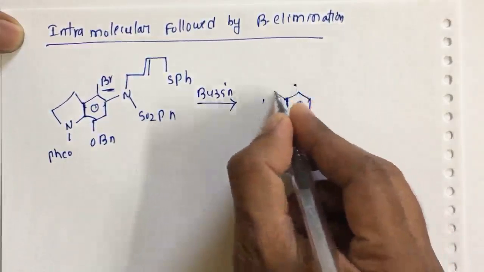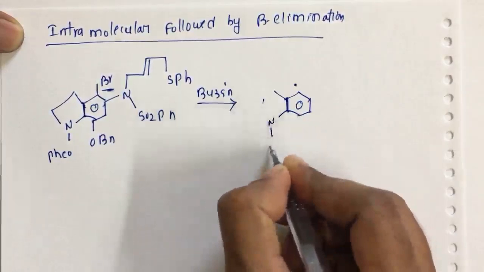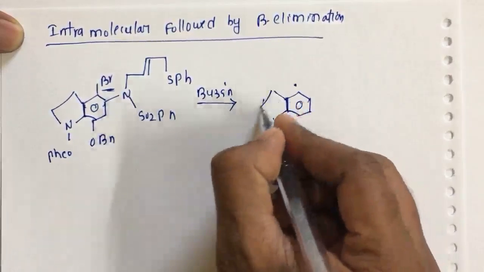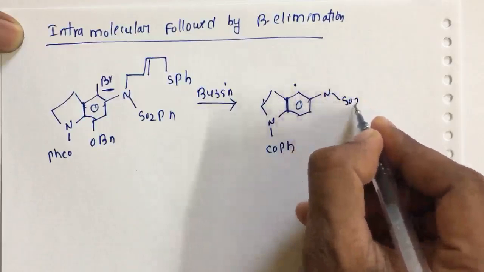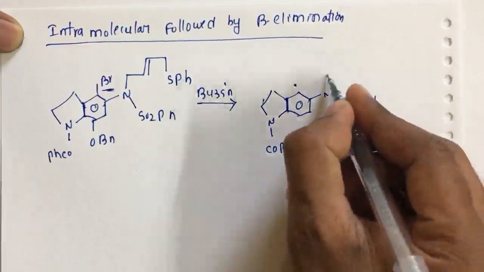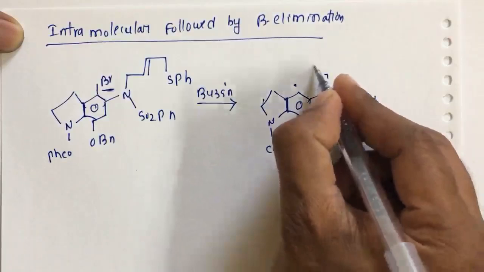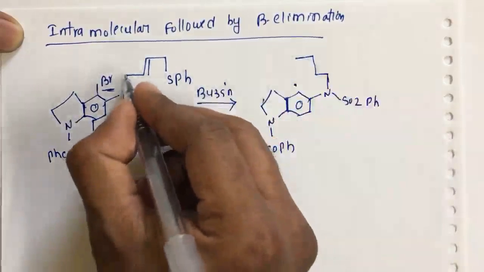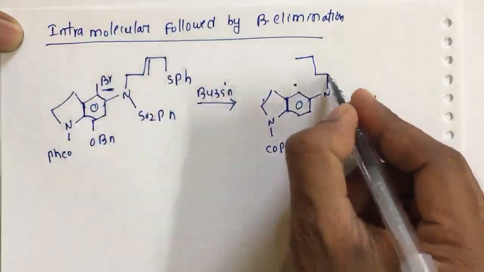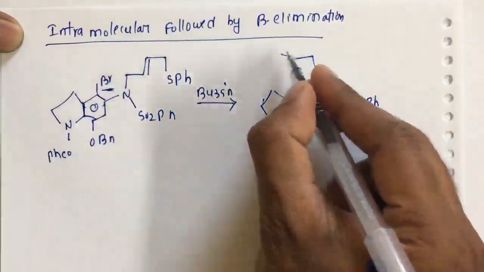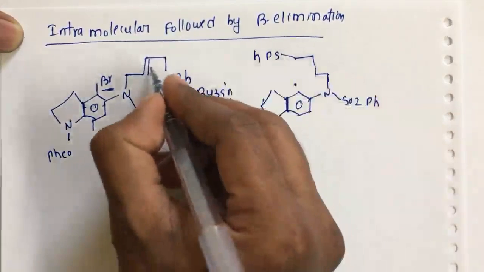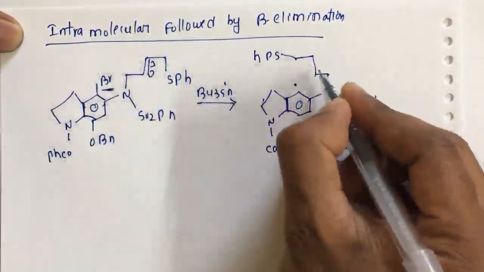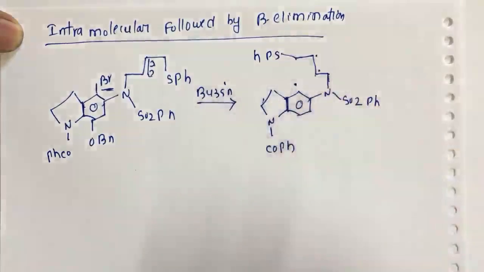Now we have a radical here. One, two, three, four, five. So now this bond undergoes homolytic cleavage, so we'll get it like this.